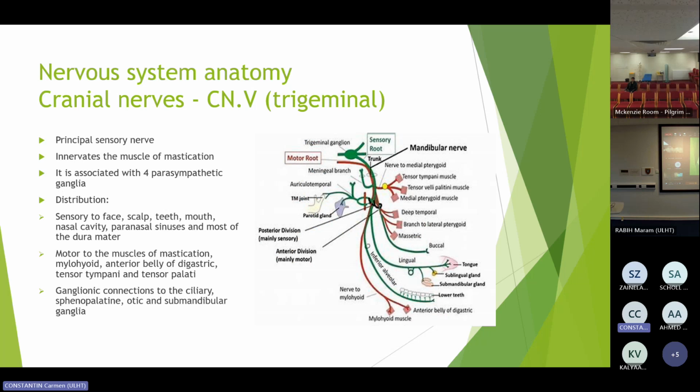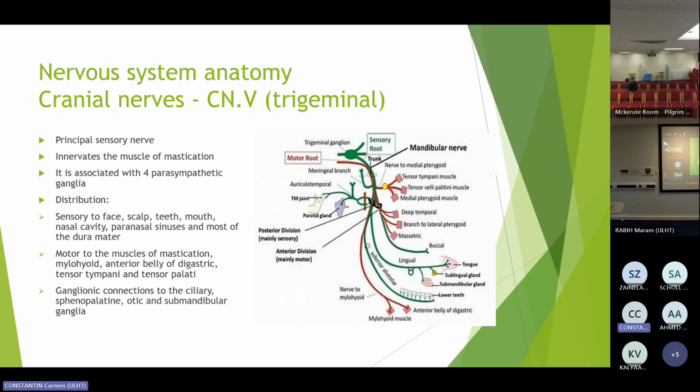The fifth cranial nerve is the main sensory cranial nerve, and it is supplying the mastication muscles. We have also the four parasympathetic ganglia, and it is distributed to the face, so sensory to the face, scalp, teeth, mouth, nasal cavity, paranasal sinuses, and most of the dura.